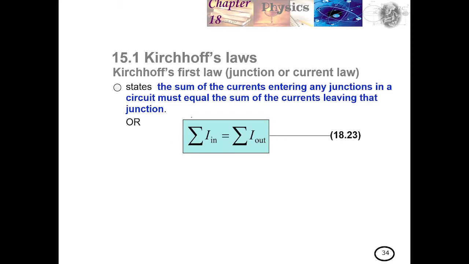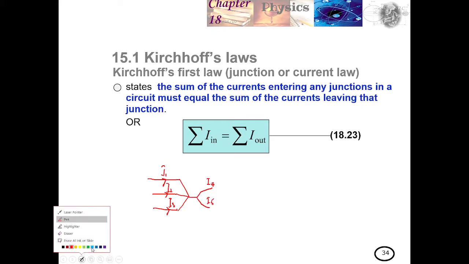Okay, if you have a pipe of water, let's say water came from three pipes. So I say this is I1, this is I2, and this is I3. If the pipes of water are combined, and then in some way it is separated again, this is I4, and this is I5.